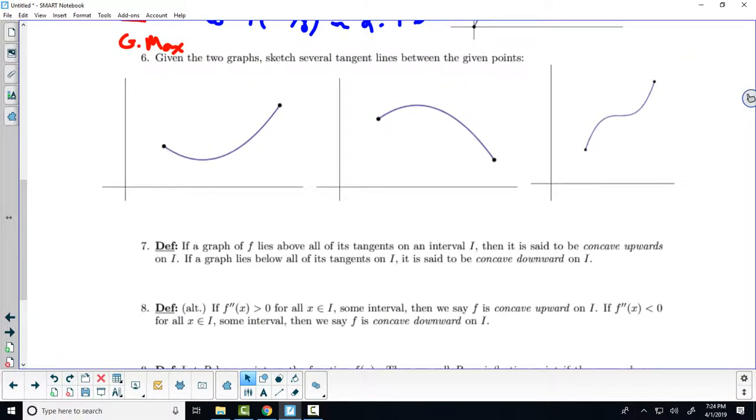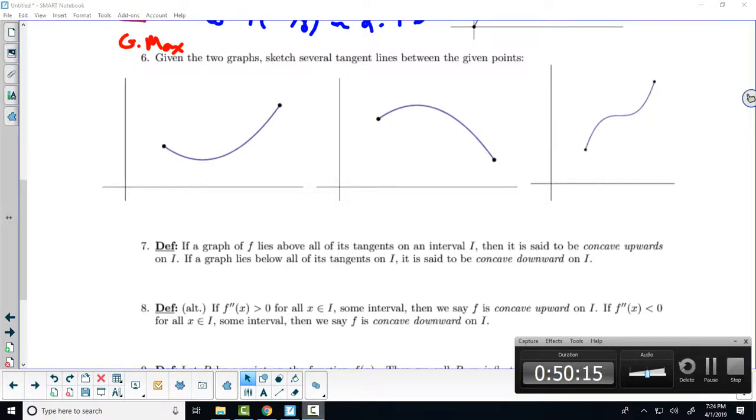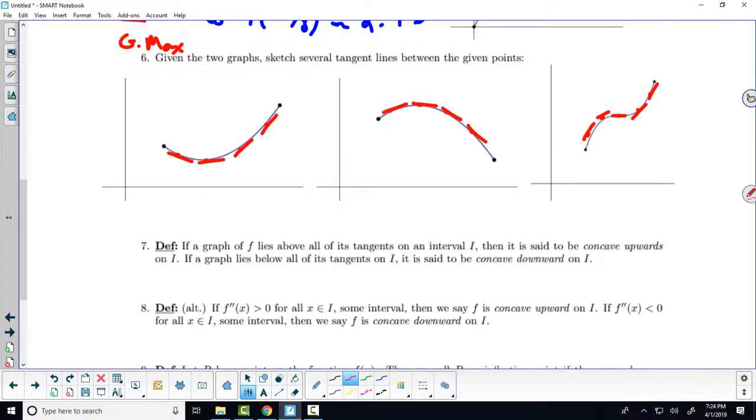I would like you to go ahead and draw several tangent lines on each of these curves. At least 5 tangent lines on each of these curves. Okay, I couldn't fit 5 on there. I want you to notice there's something different about the first curve and the second curve.